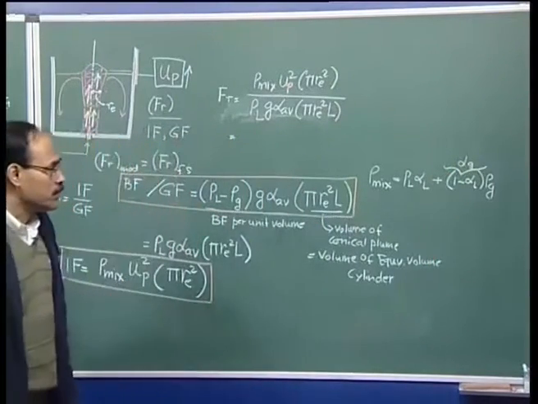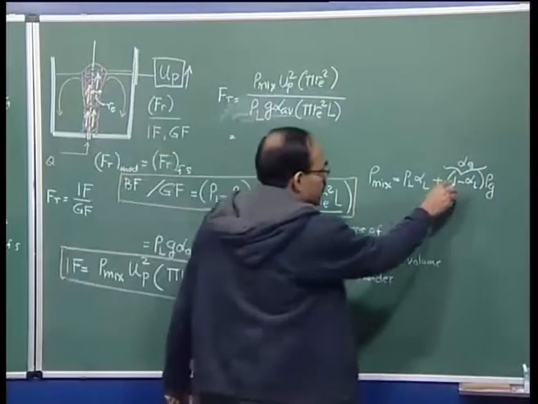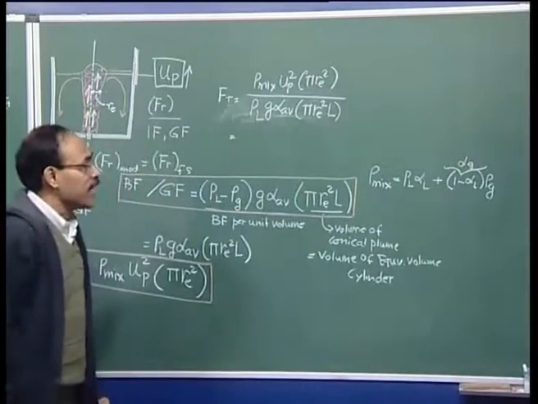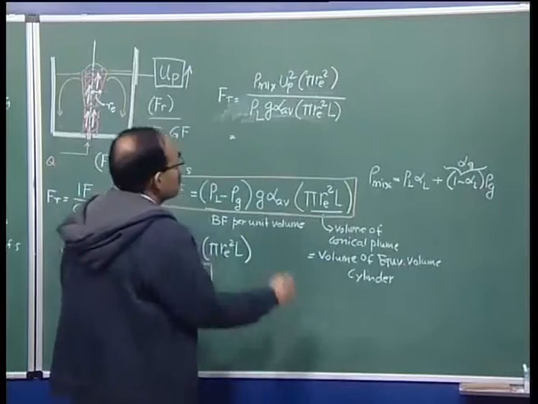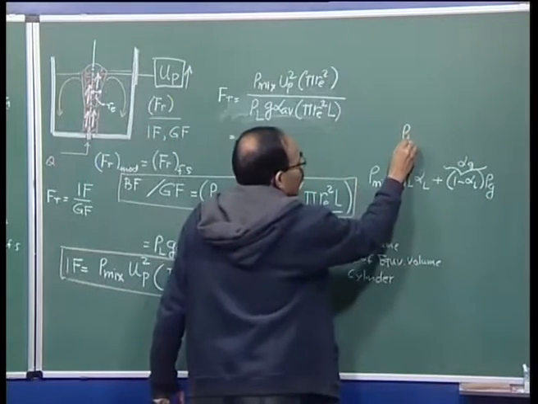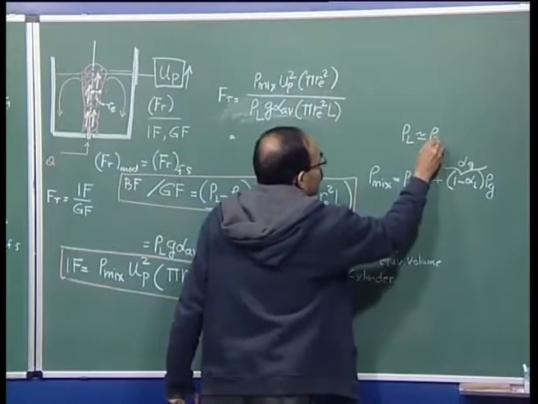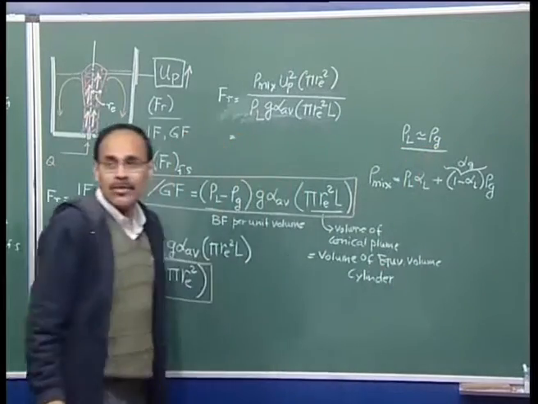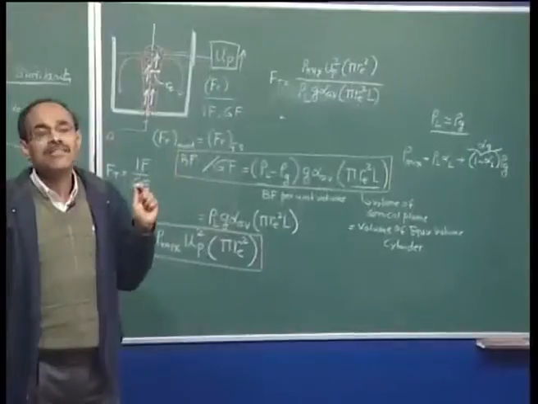Now, if the gas volume fraction is very, very small, in that case I can approximately consider that the mixture density is approximately equal to rho liquid, and this is going to be true provided the gas volume fraction is very, very small.